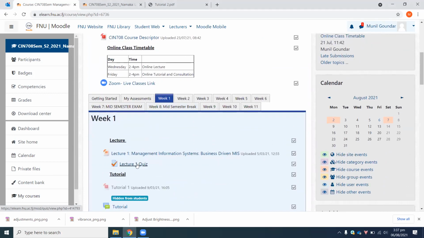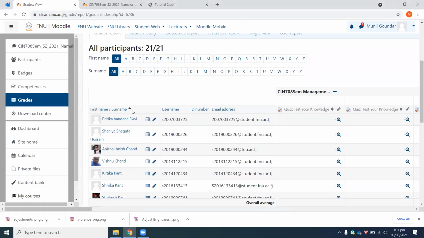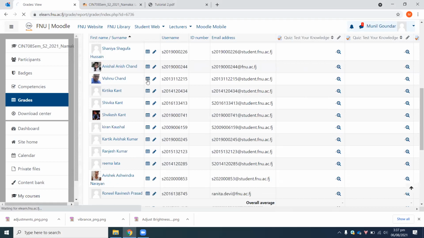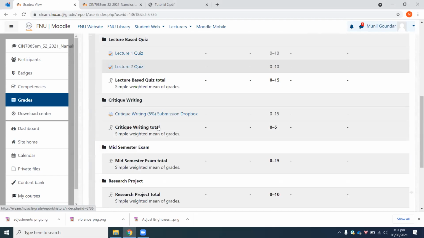As soon as you complete it, your marks will come up automatically in the grade section. Let's view this. I'm viewing his because he's not here in the class at the moment, and he has not attempted it. But as soon as you complete it, you should be able to see your marks straight away. Oh yeah, okay, thank you.